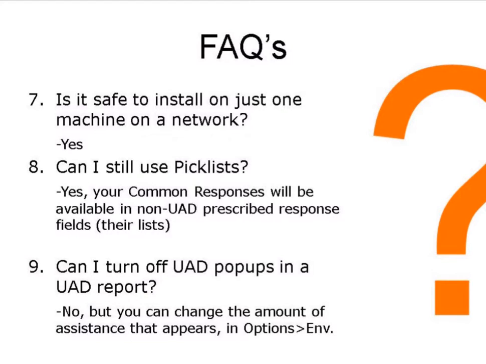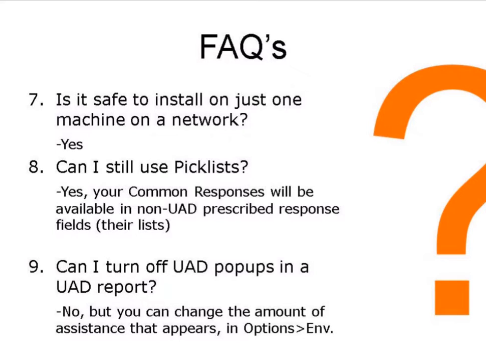But for the slick users who are a lot more comfortable with the UAD, or as you get used to it in the coming weeks and months, then you can turn off the amount of assistance that appears on screen. If you remember during the prepared presentation video, which I should remind you again, we'll be playing again after this as a courtesy, you might have seen that those pop-up helper windows have a flyout window on the right that has the UAD Appendix D terminology and text straight from Fannie and Freddie that explain what they're looking for in that field and what the definition of C1 is versus C2 and all that stuff.